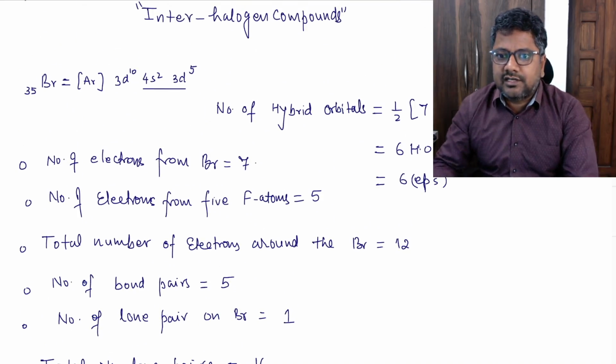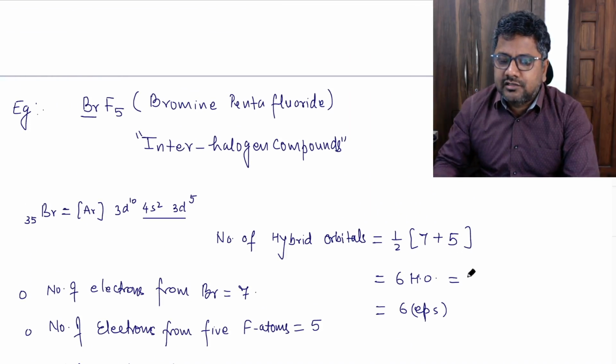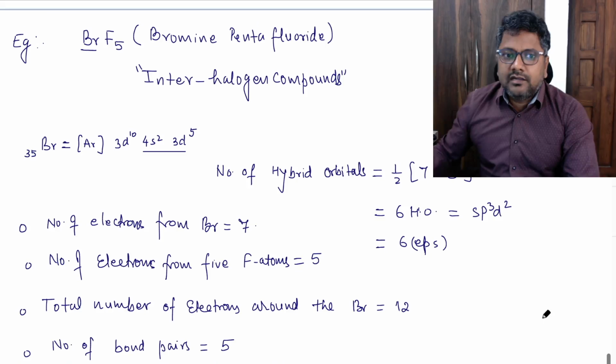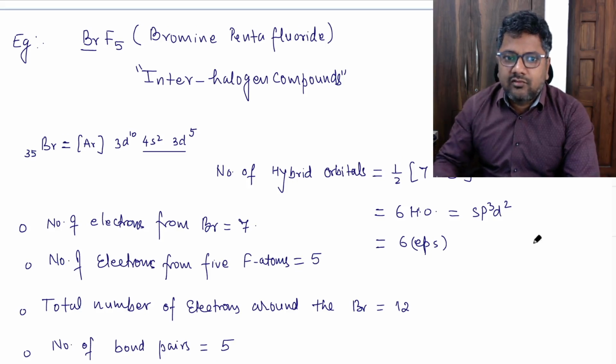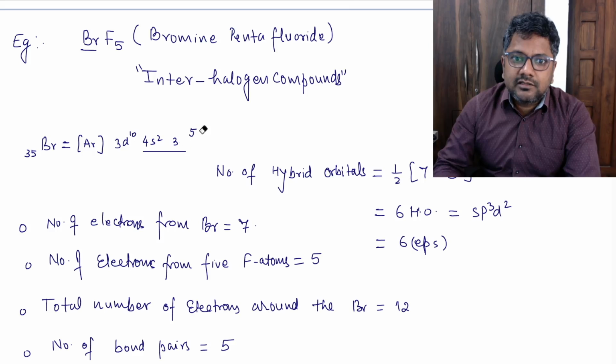As per the 6 electron pairs or 6 hybrid orbitals, now you can write the hybridization, that is sp3d2. And what orbitals are involved here? 4s, 4p, what I have written here, not 3d5, this is 4p5, right?